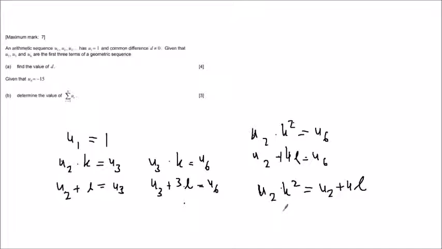We can deduce in this case that u2 is going to be equal to, if you take this minus 1, 4L over k squared minus 1.